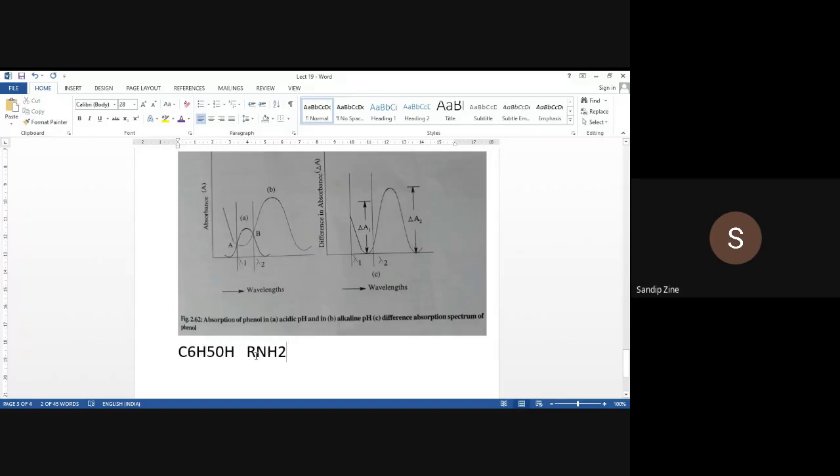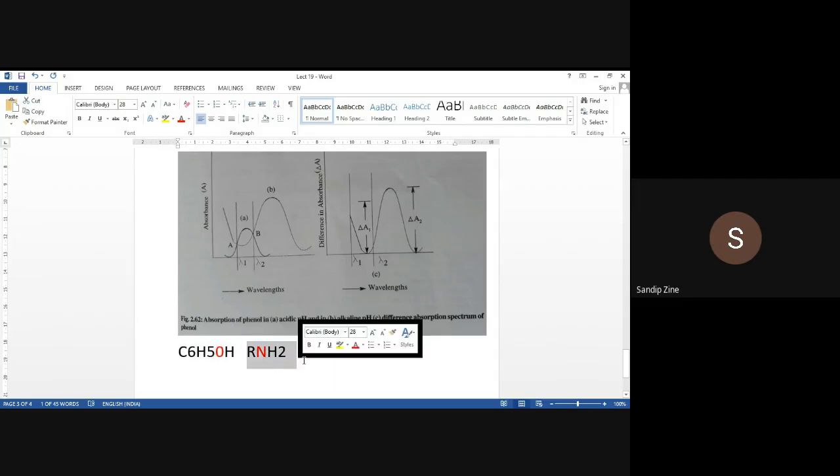In phenol and amine, they show lone pairs of electrons.